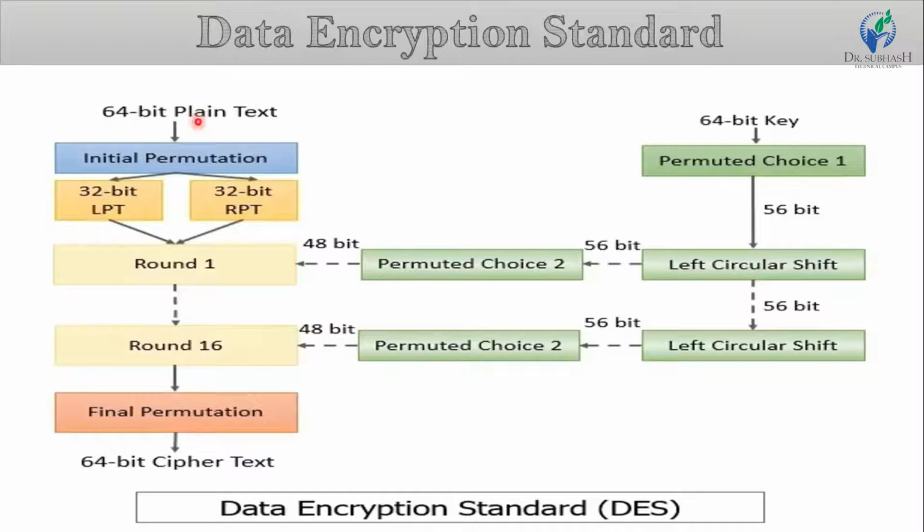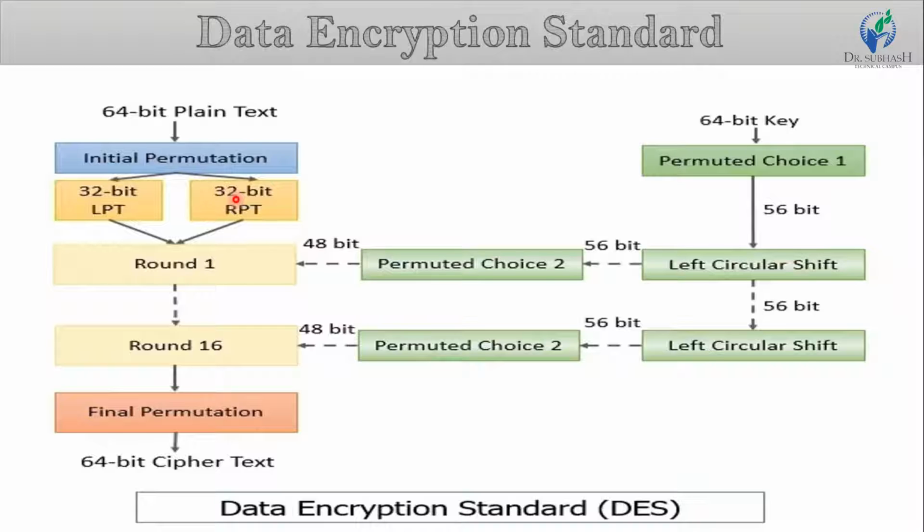the 64-bit plain text is submitted to the initial permutation, which rearranges the bits to produce two 32-bit permuted blocks, called the left plain text, LPT, of 32 bits, and the right plain text, RPT, of 32 bits.